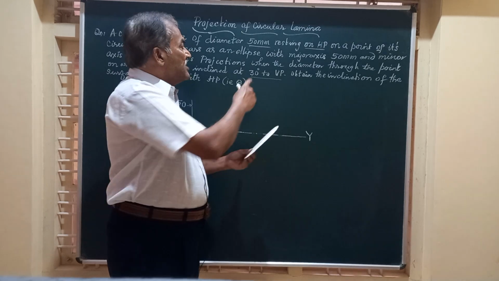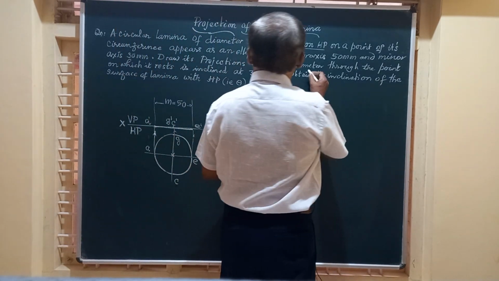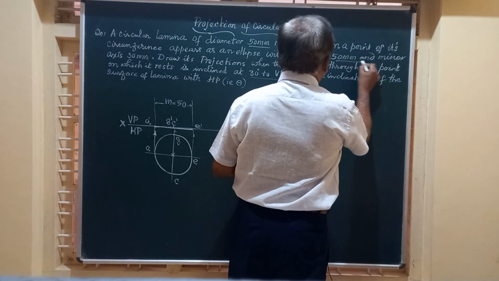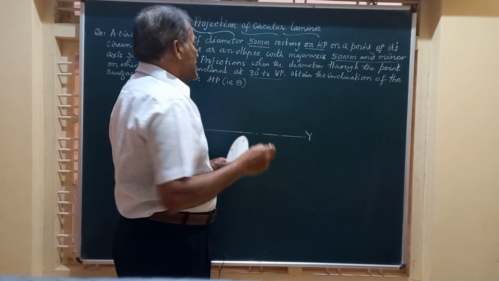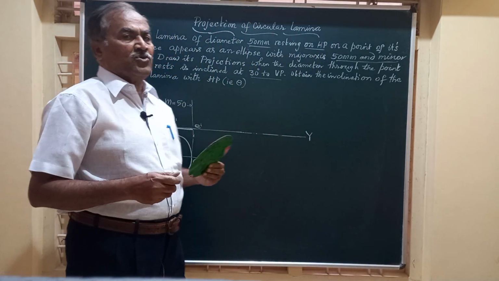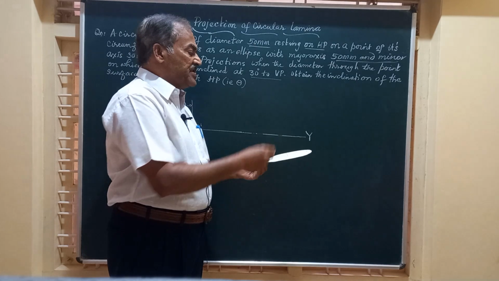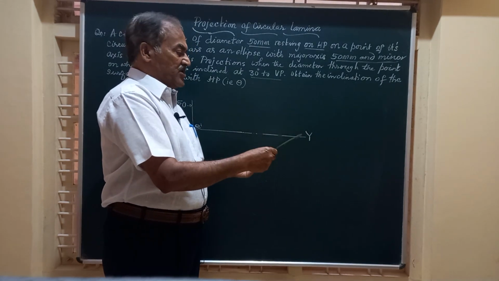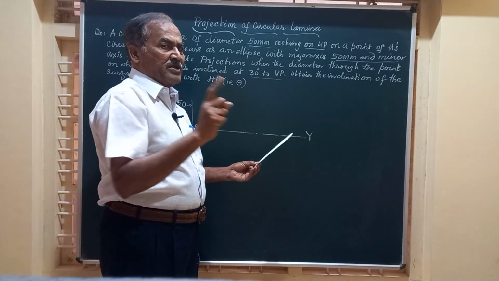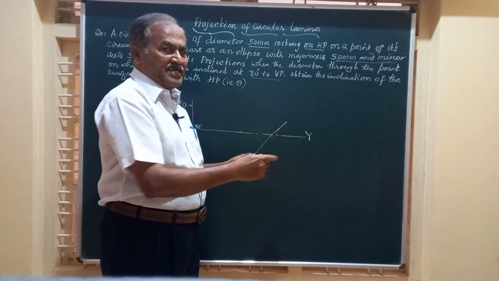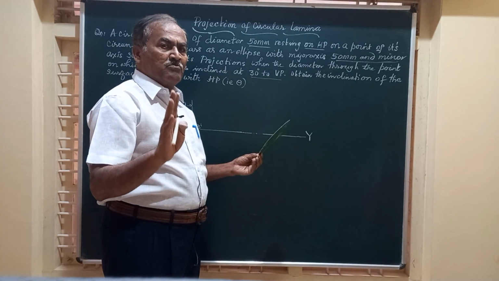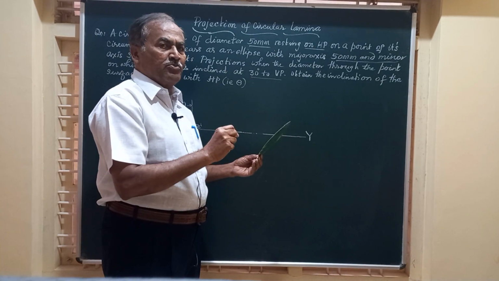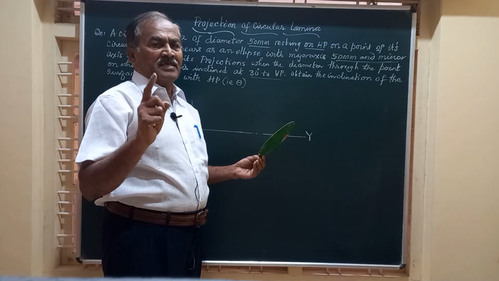And he has given a particular dimension, namely the major axis 50 mm and minor axis 30 mm. So when you lift it, keeping A on HP like this, for a particular position of this theta, the angle made by the surface of the lamina with HP, you are going to get an ellipse.